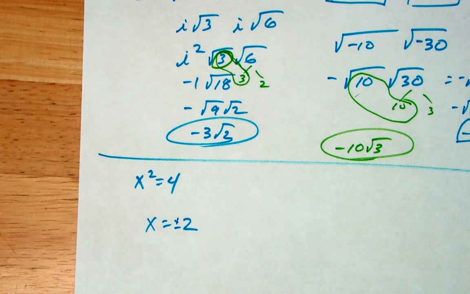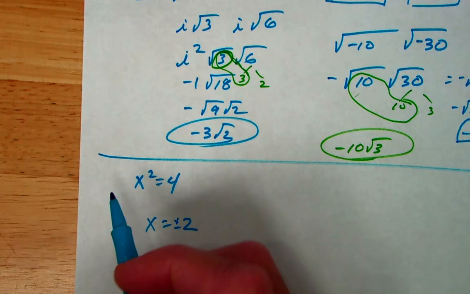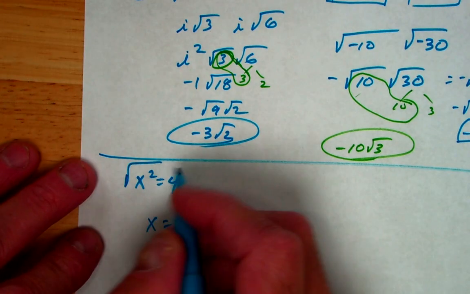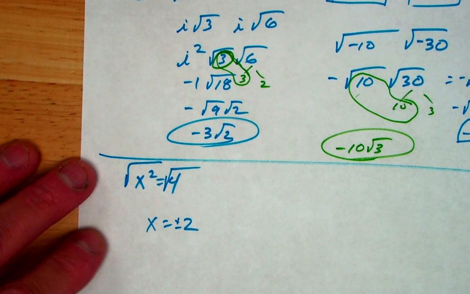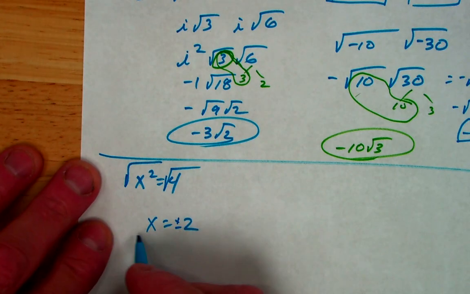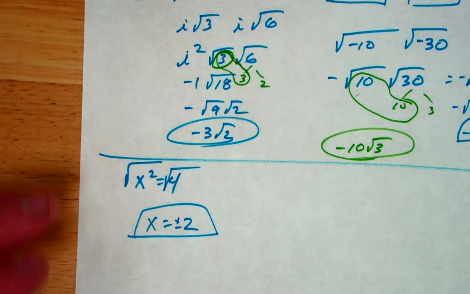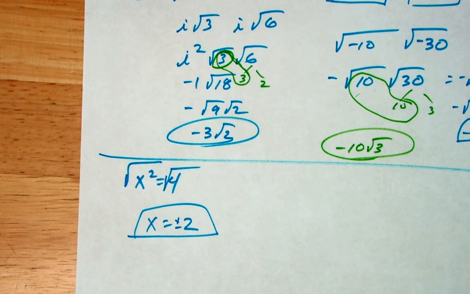Granted, this doesn't have anything to do with i's, but I'm doing this to help you see what you used to have to do when you're square rooting things. Whenever you've gone, I need to square root both sides, you were told a couple years ago to always put a plus or minus on it.